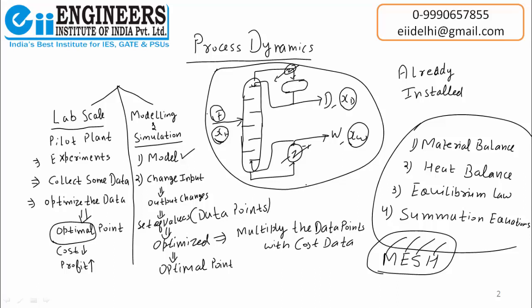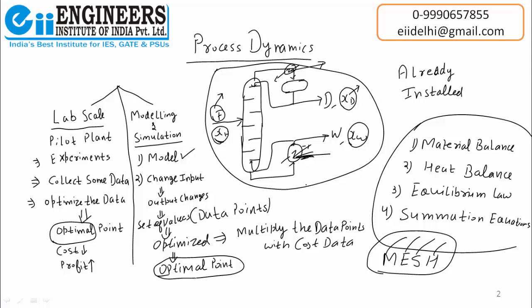Cost data means we know the cost of the raw material, that is the feed, the selling price of my distillate, etc., the cost of maintaining the temperature, the steam given to the reboiler, the heat taken from the condenser, etc. We know the cost. So we multiply the data points with the cost, we get the cost data, and ultimately the point at which the cost is minimum and the profit is maximum, at that point we design the distillation column.